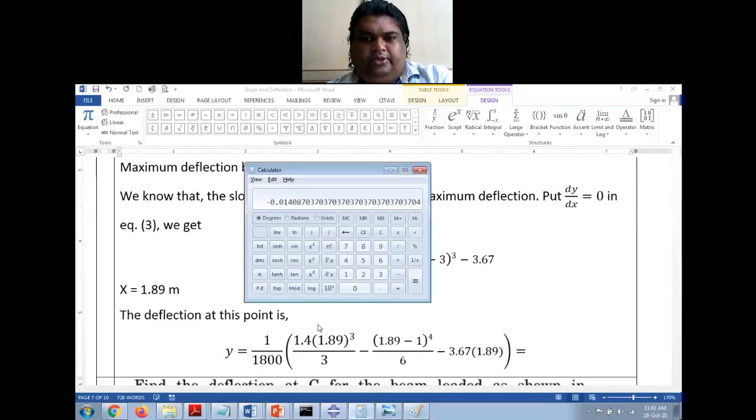Okay, let me try this. 1.4 into 1.89 cube by 3 is this, minus 0.89 raised to 4 by 6, minus 3.67 into 1.89, all divided by 1800.